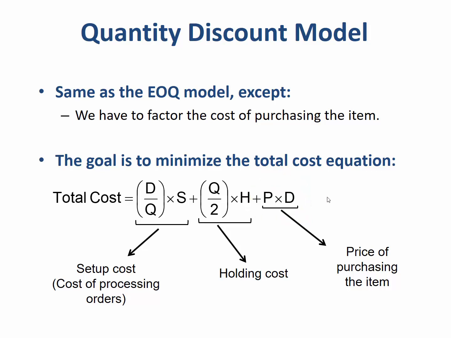Why do we do that? Well, what we're trying to find out is what happens when we get a discount in the price of purchasing the item, because that's what this model is about: you're going to get some kind of quantity discount if you purchase a certain volume. So we want to know if the discount you get in this area is going to make up for the possible price increase in other areas of the equation.